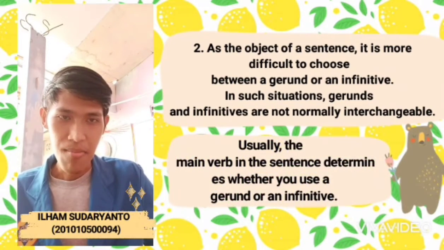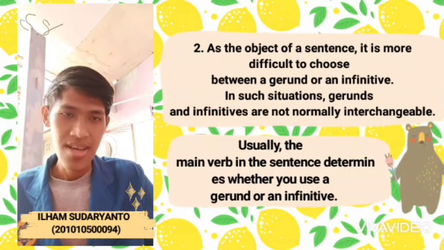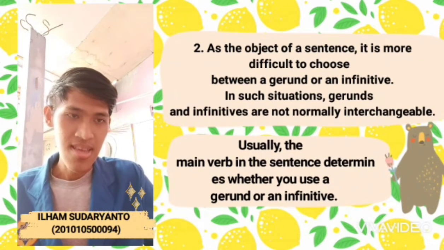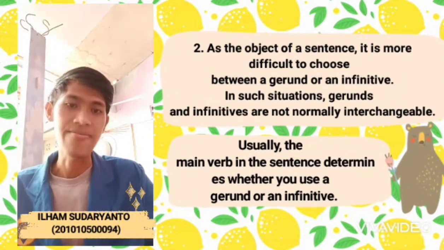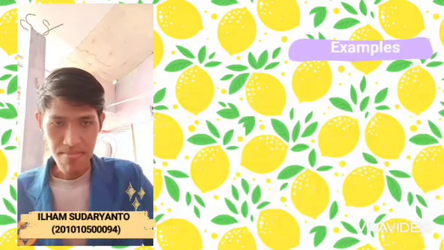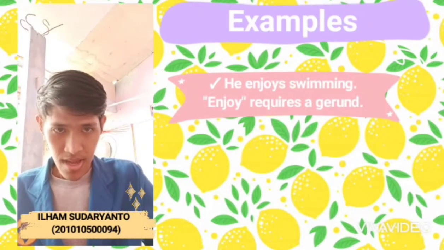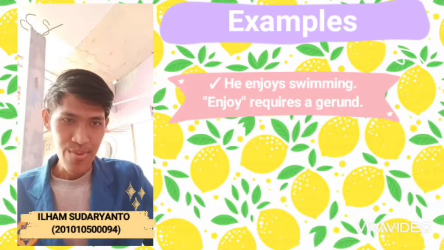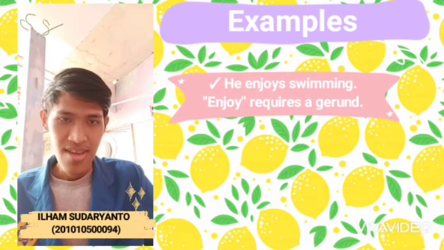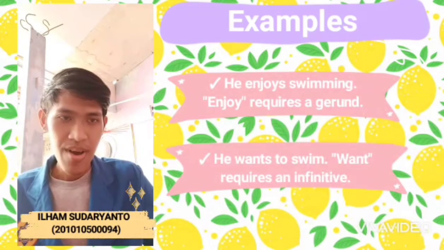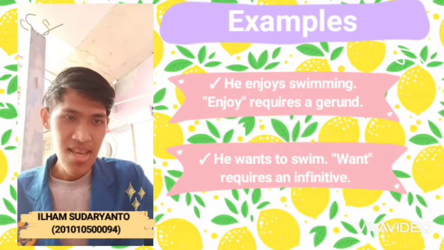Usually, the main verb of the sentence determines whether you use a gerund or an infinitive. Example: he enjoys swimming. Enjoy requires a gerund. He wants to swim. Want requires an infinitive.